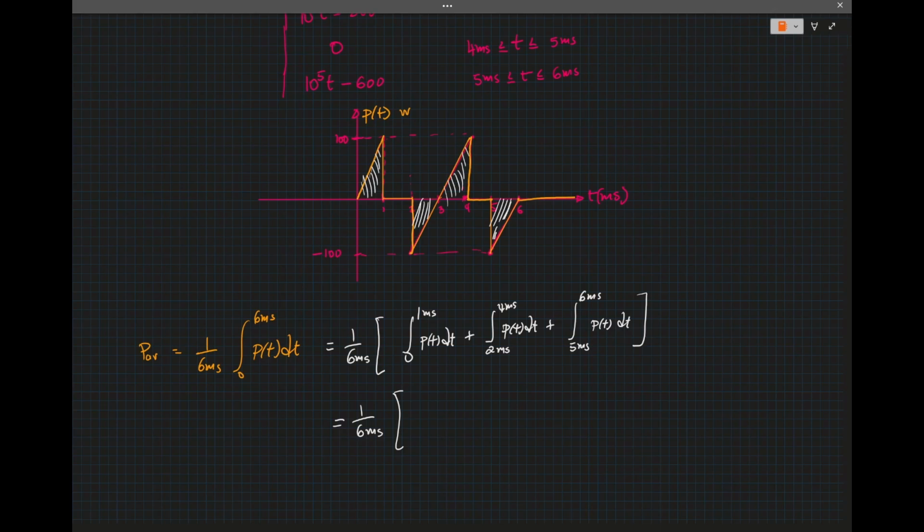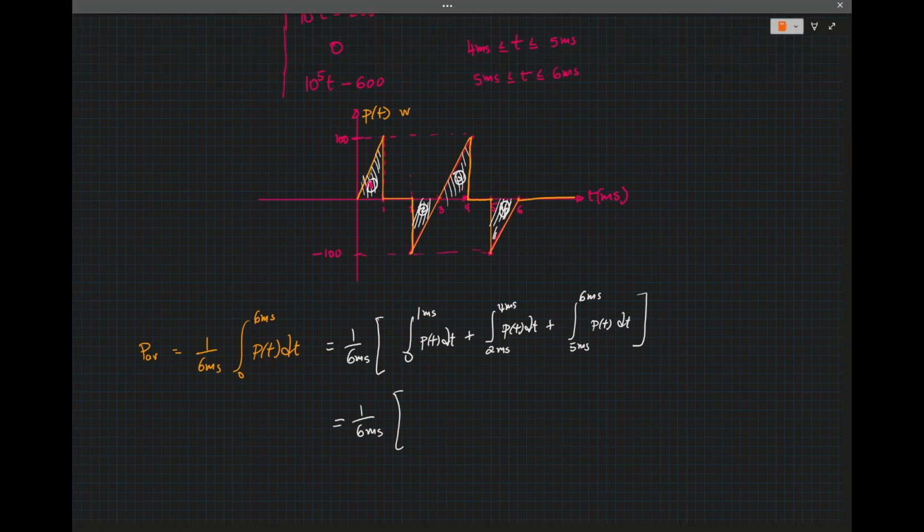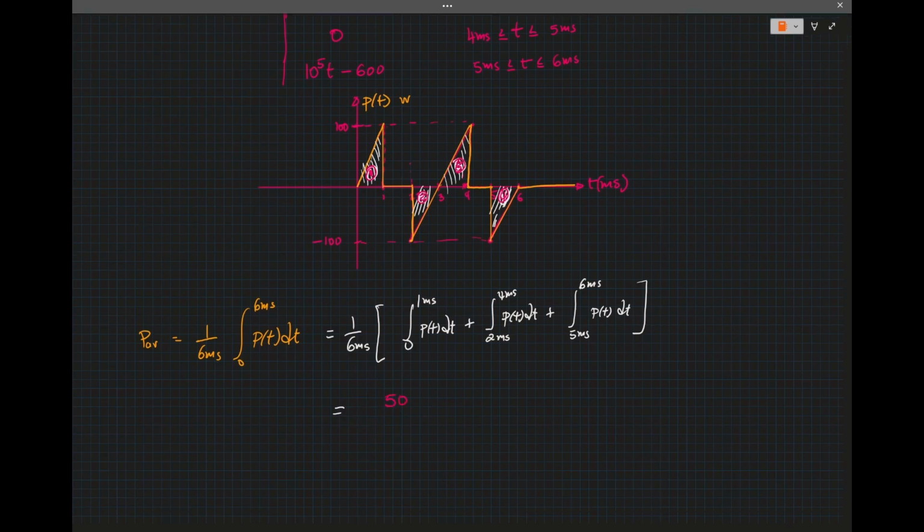Okay, so I call this number 1, this is 2, this is 3, and this is 4. So for number 1, I have 50 watts divided by 6, if you like.